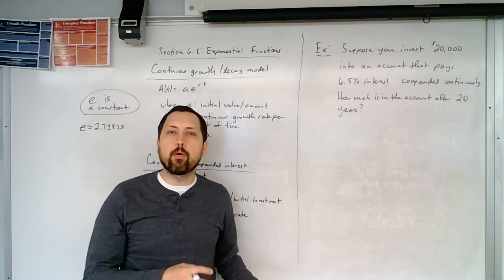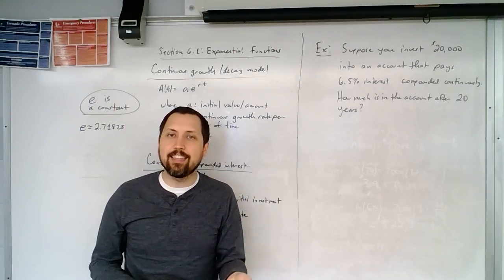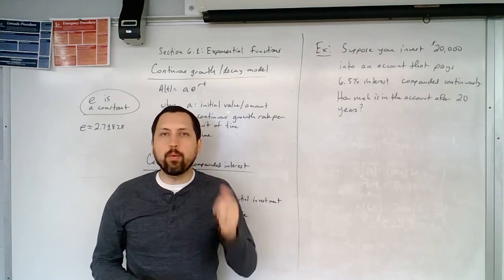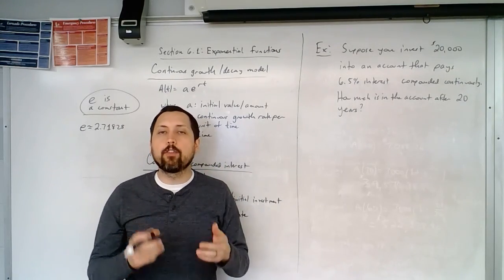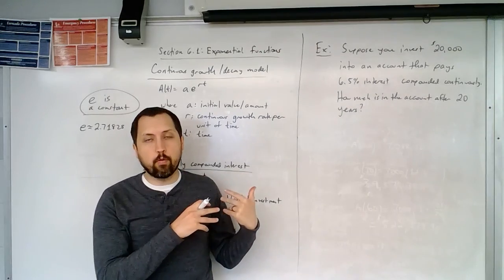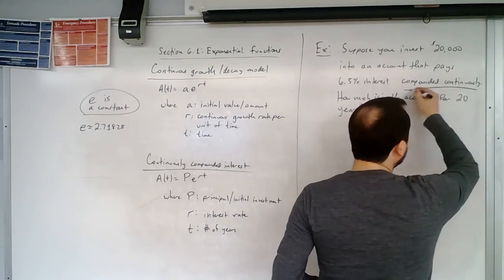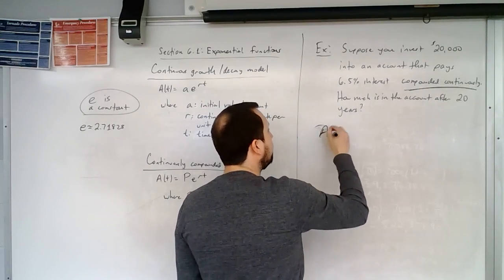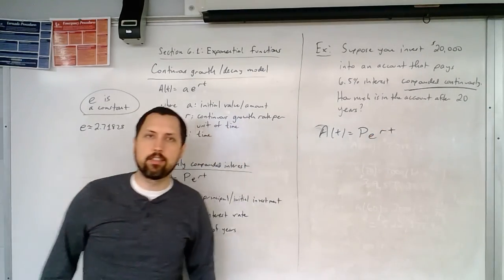We just did one that used compound interest, but that was compounded daily. If it's compounded daily, weekly, monthly, quarterly, or semi-annually, that's when you use the other formula. But here, because it says compounded continuously, that tells us to use the formula A of t equals P times e to the rt.